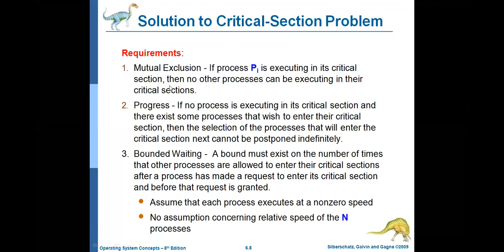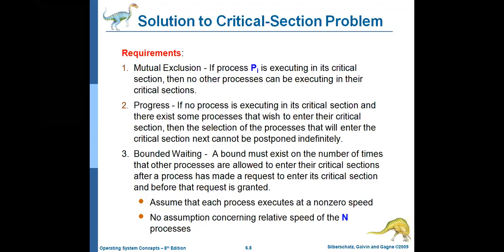So, mutual exclusion means only one process at a time in the critical section. Progress means there are no processes currently in the critical section, a subset of processes wish to enter, and you need to select one of them; that selection should not be postponed indefinitely. And the next one is bounded waiting.